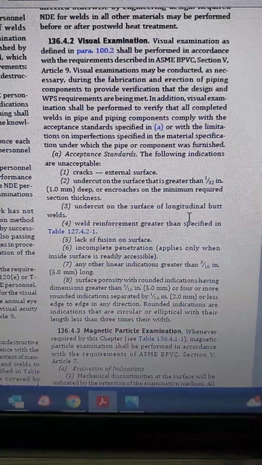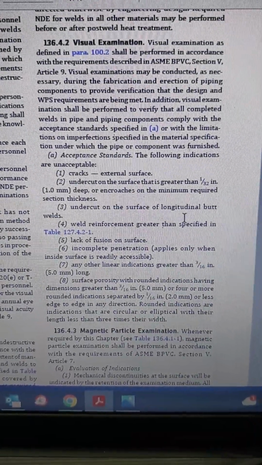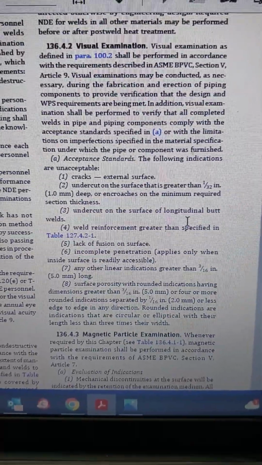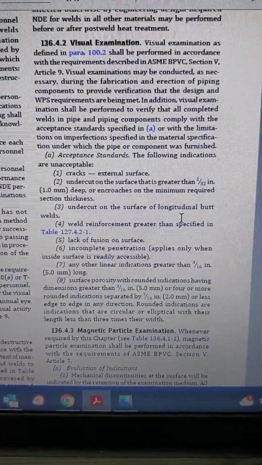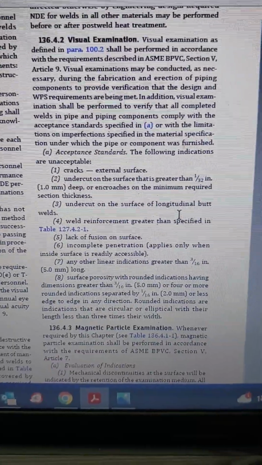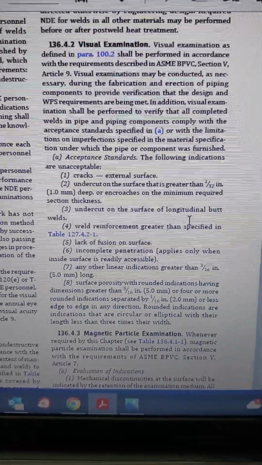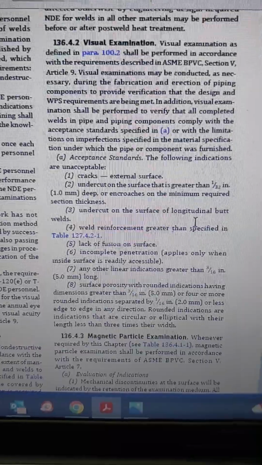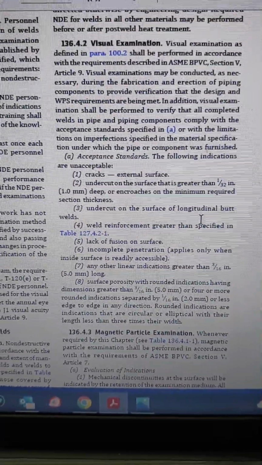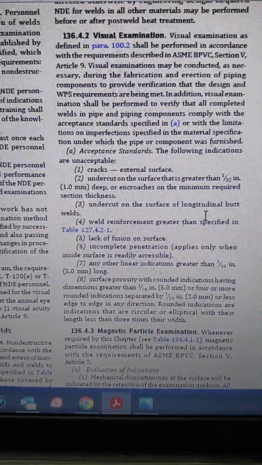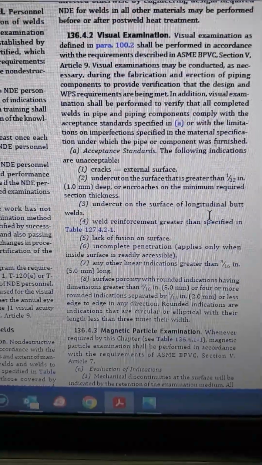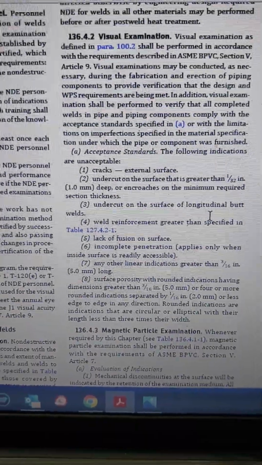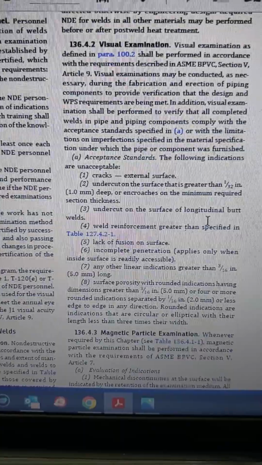As you see, starting from A, acceptance standards, the following indications are unacceptable. Please pay attention to the word unacceptable. As you see, cracks, if you see cracks, these are unacceptable.